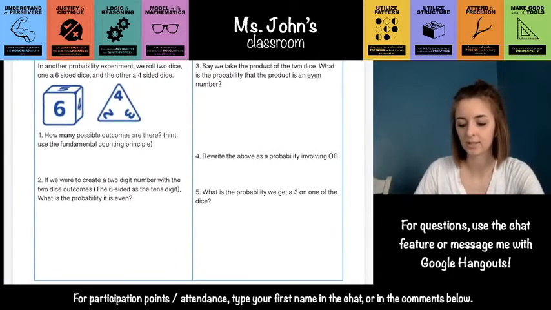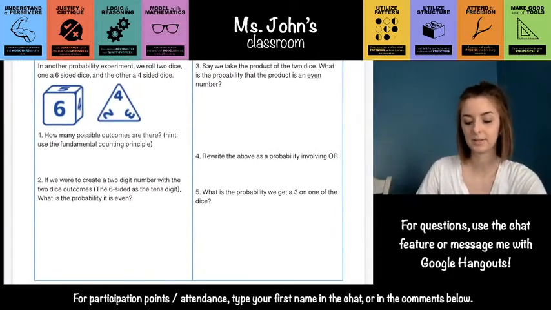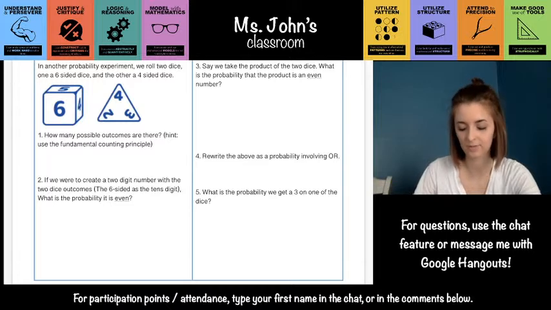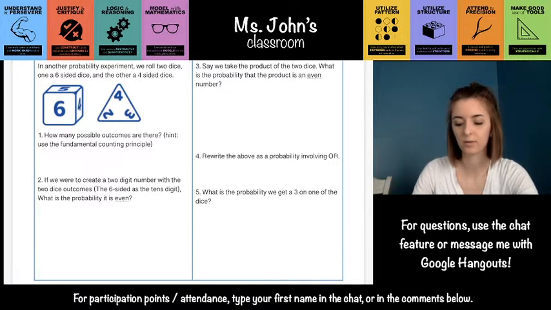So we have another random probability experiment of rolling a 6-sided die and then a 4-sided die. We're going to change this experiment a couple of times in the questions. So first of all, how many different possibilities are there when you roll both of these dice?